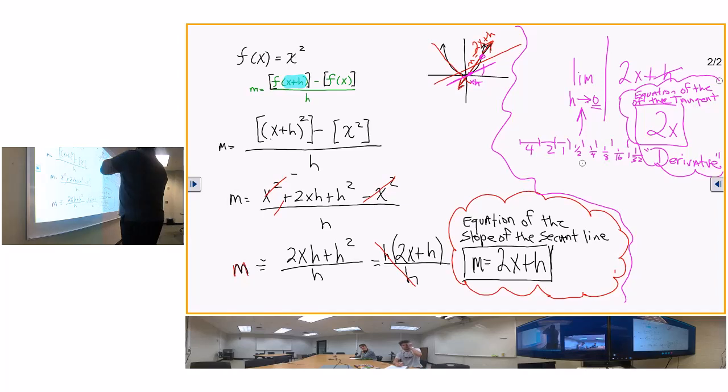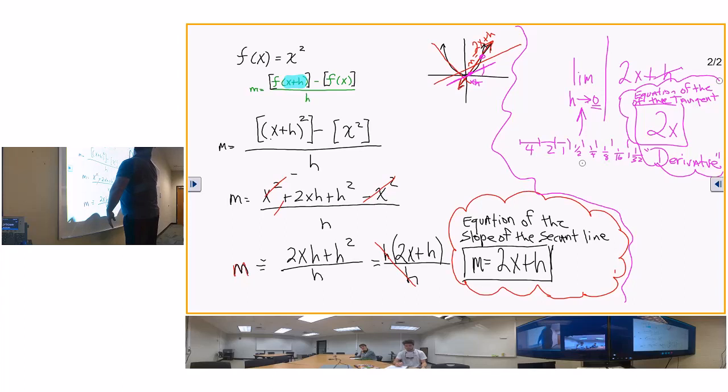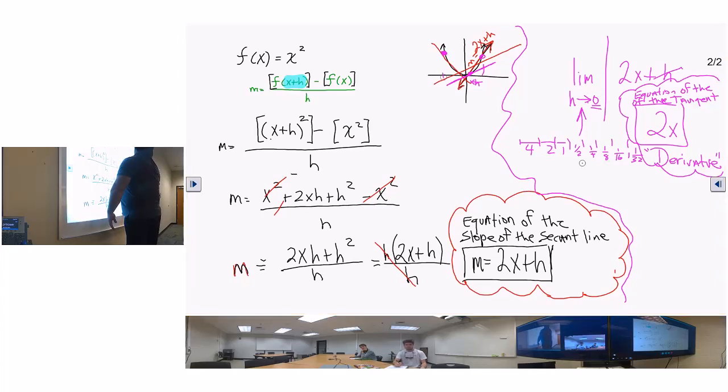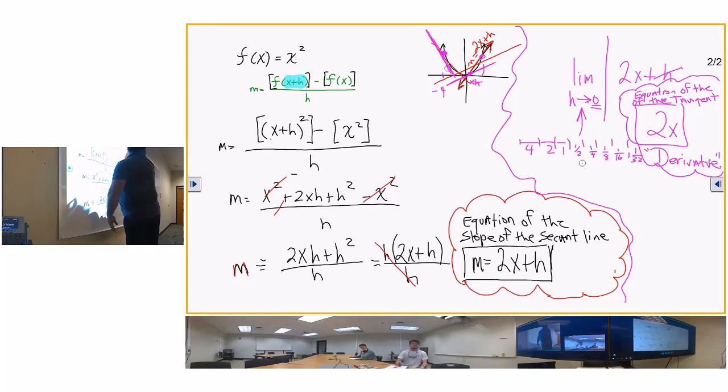Okay, now, let me pick a point here. Let's say I pick this point right here. And that's -4. What's the slope of that tangent line right there? -8. Let's plug in this point right here. And let's say this point is +3.